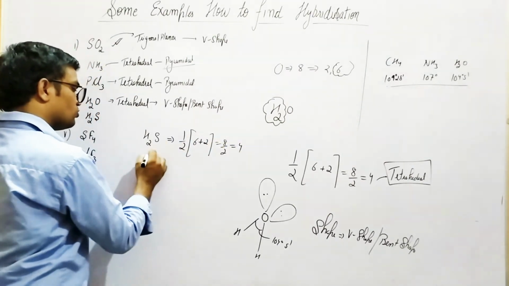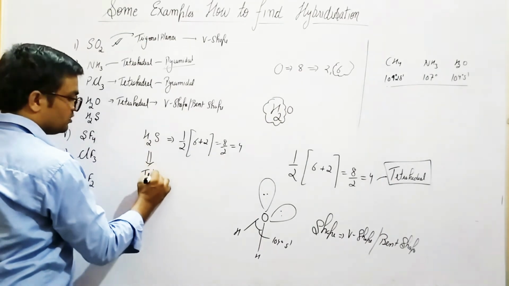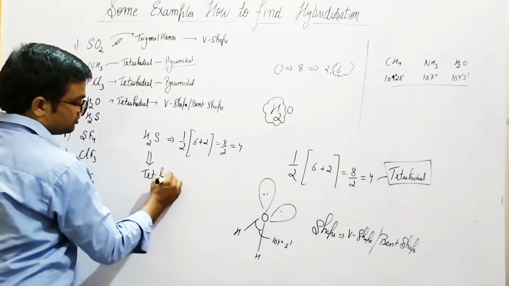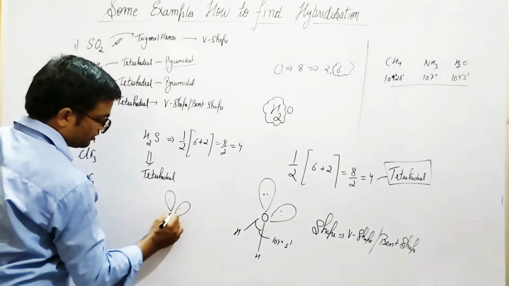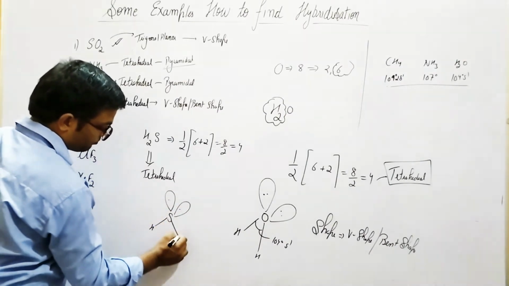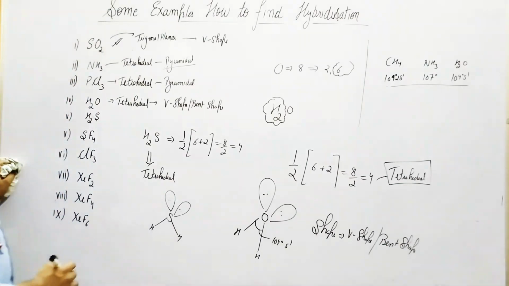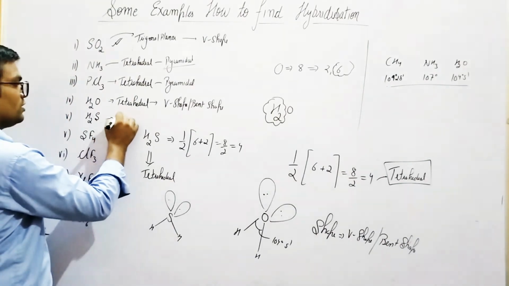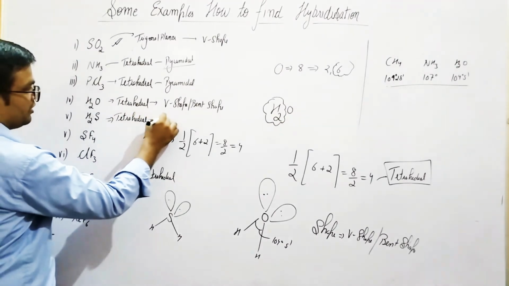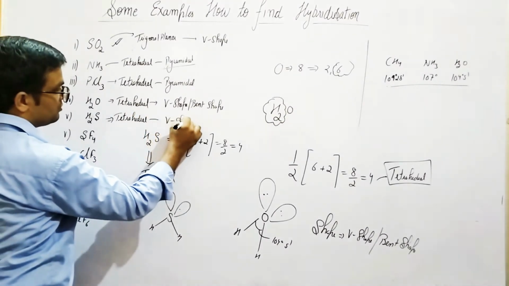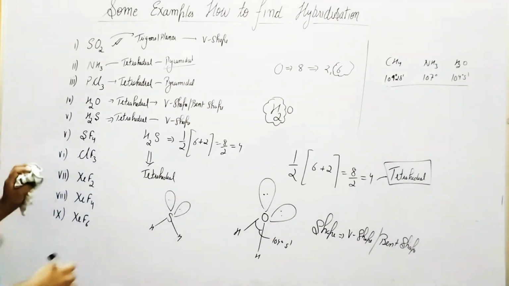Therefore, it also has a tetrahedral structure, same as H2O, tetrahedral and V shape. Now we'll check SF4.